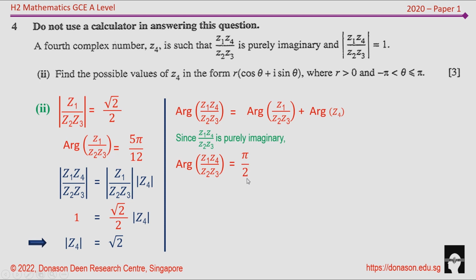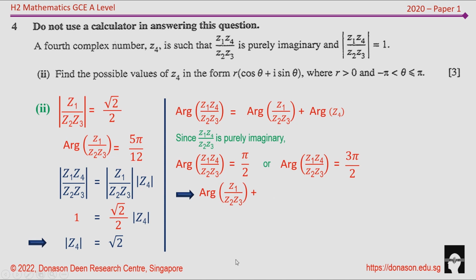That should be the argument. Of course the other value would be, what is the other value? Of course 270 degrees, or it can be 3 pi over 2. So this also is going to be purely imaginary.